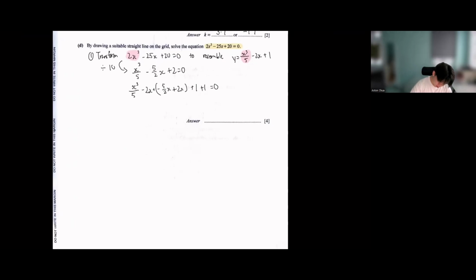So we just rewrite this into x to the power of 3 over 5 minus 2x plus 1. Then the remaining, we have minus half x plus 1 equals to 0.